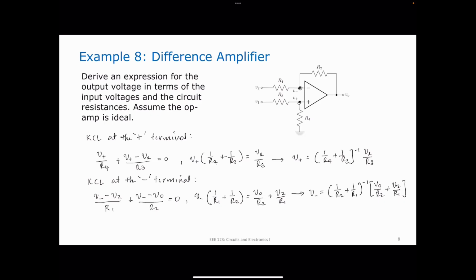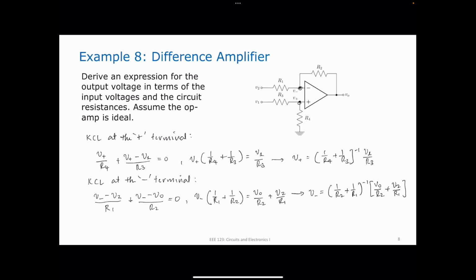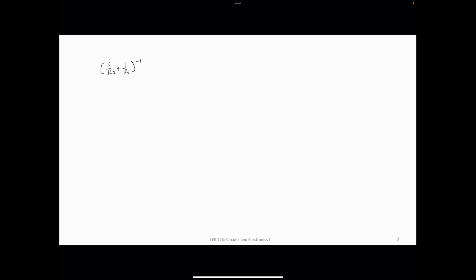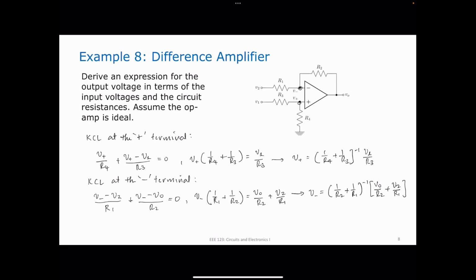So let me do that. Let me write out first V minus. V minus is (1 over R2 plus 1 over R1) raised to the minus 1, then I have V sub O over R2 plus V sub 2 over R1. That is V minus.